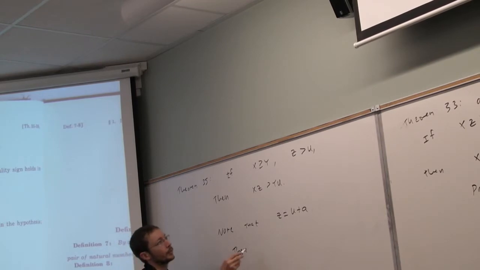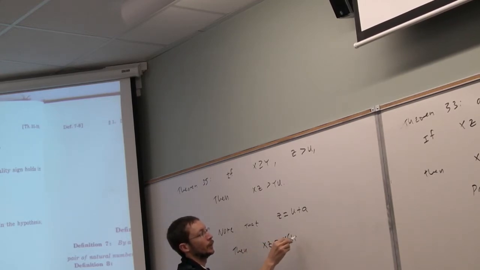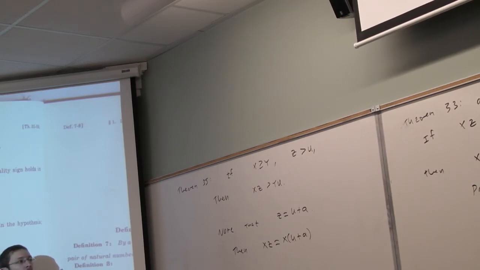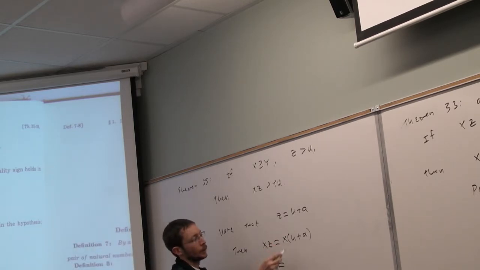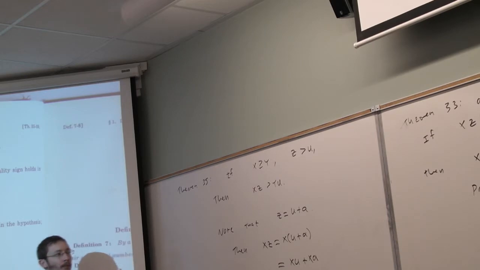And what we have is that xz is the same thing as x times u plus a. Distribute that x through, we get xu plus xa is equal to xz.